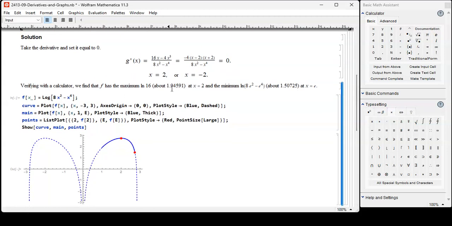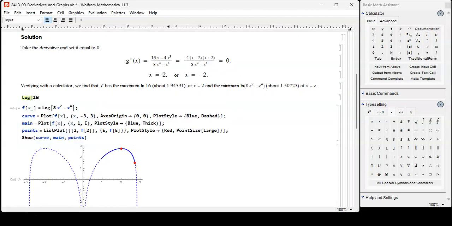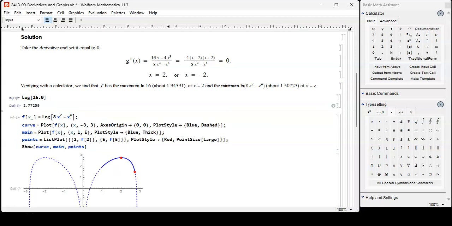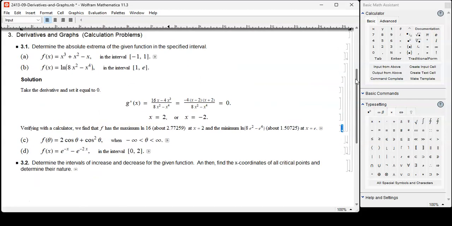Wait a minute, log of 16 is not 1.94 something. It's 2.77 something, I must have got it wrong. Look at the graph. Yes, it's 2.77 something. 1.9 something has got to be this one. Sorry about the typo. I'll correct it.